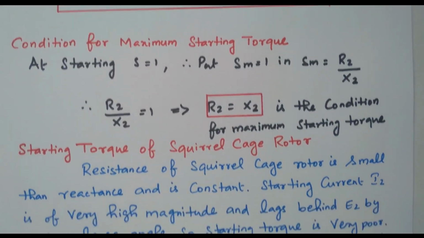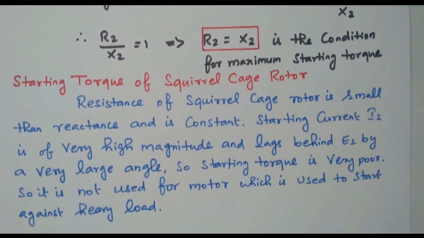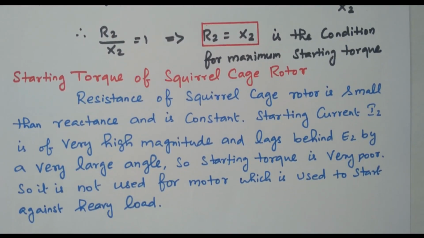Now we'll see the starting torque of a squirrel cage rotor. What we discussed so far is the slip ring rotor. This is the squirrel cage. In case of squirrel cage, the resistance of the rotor is smaller than the reactance. The resistance is very less compared to the reactance, and is also almost constant.